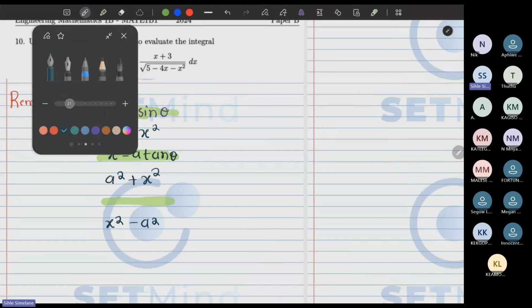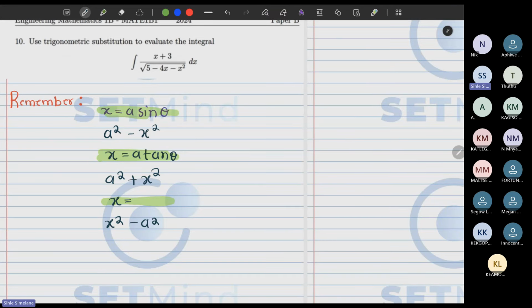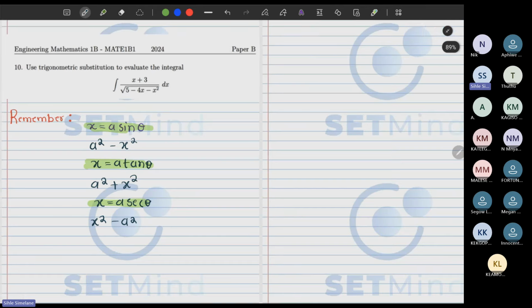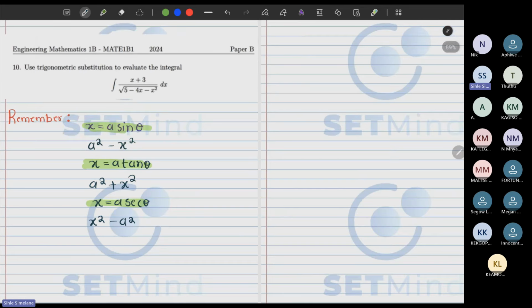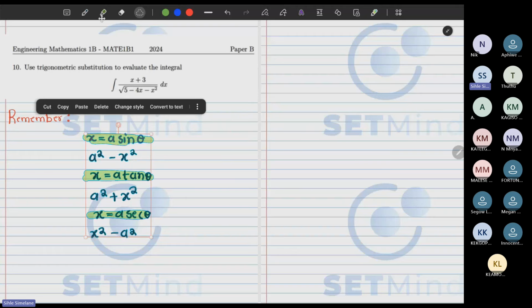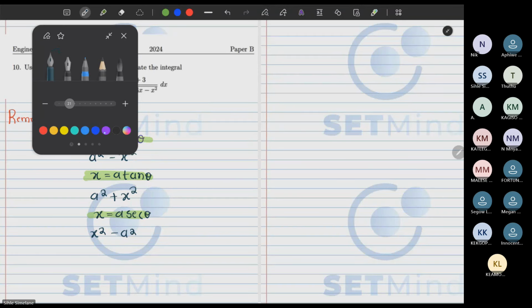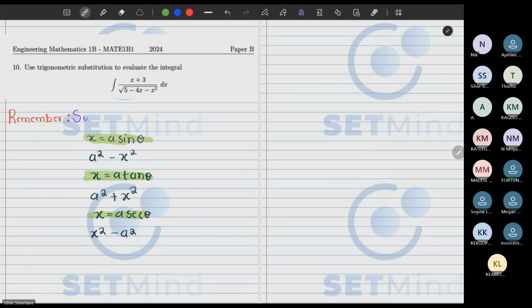Once you see something like this, your x should be substituted with a sec of theta. This is what you need to understand when they speak about trigonometric substitution. In the absence of understanding this, the problem becomes very difficult. So what we have here is a summary of trig substitutions.